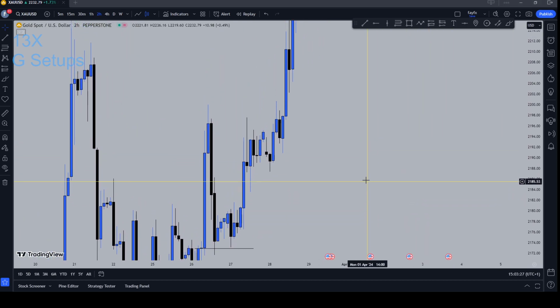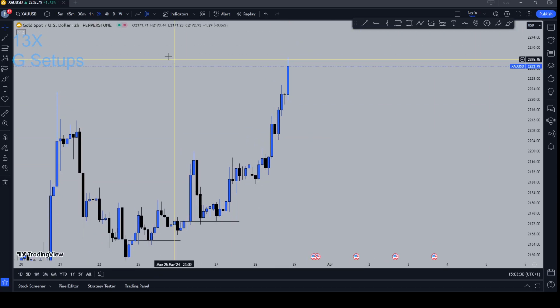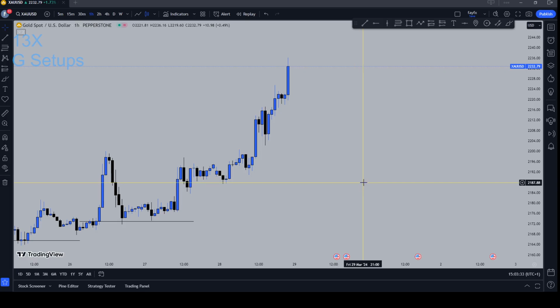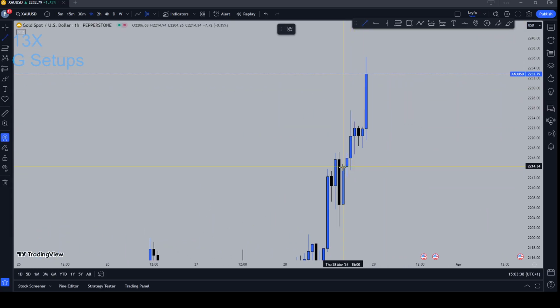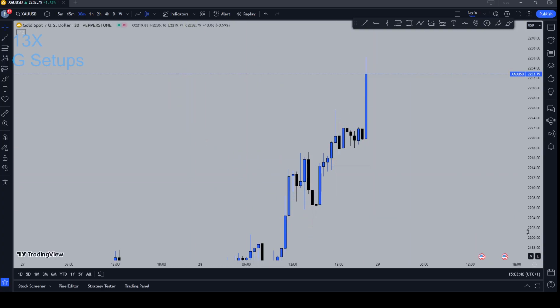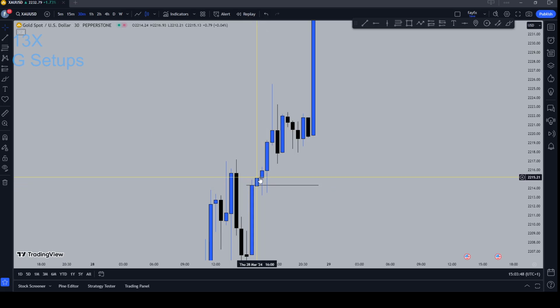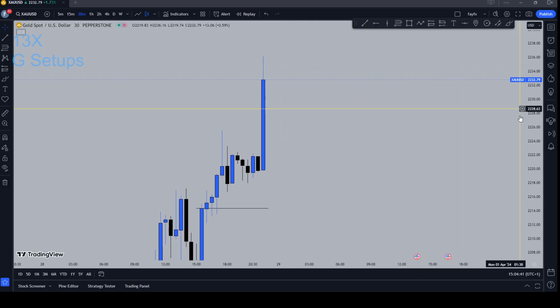Let's find more examples. Let's go to 1 hour. This is a trade I took. We have an H1 gap. When we go one time frame lower, we find a gap CC. It's a very good trade. Let's see another example.